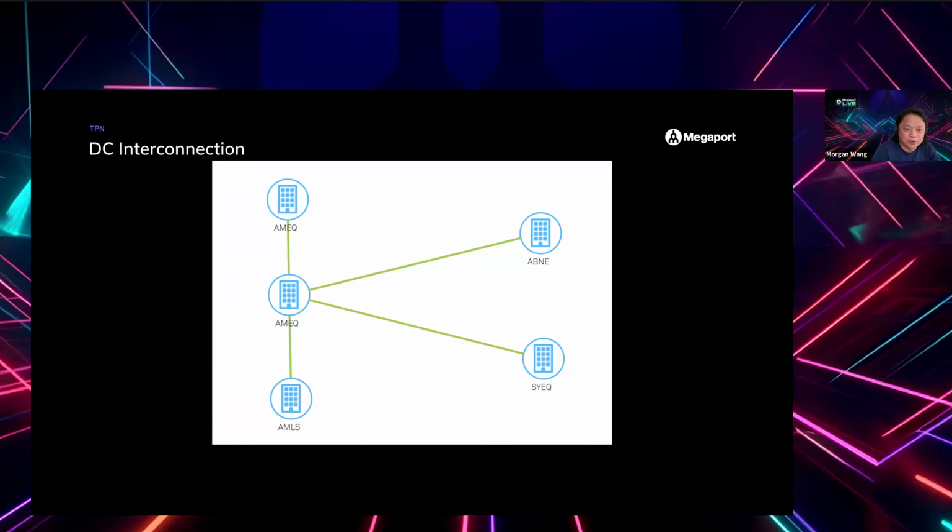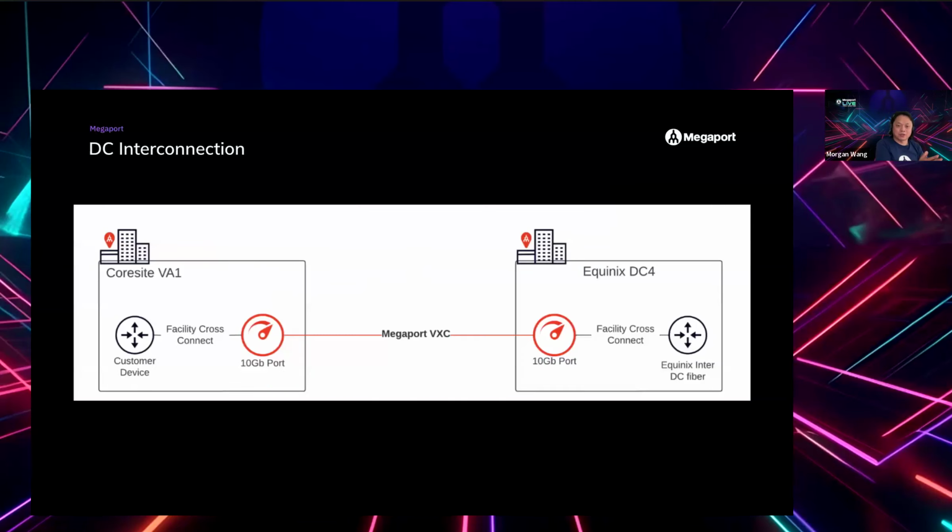So for the customer who is using TPN for data center interconnection, it's even easier because there's no component of interconnecting your Megaport service to the Telstra MPLS network. It's more about ordering ports in any of the data centers you want to interconnect and just provisioning a virtual cross connection between them. So you have the data centers interconnected together.